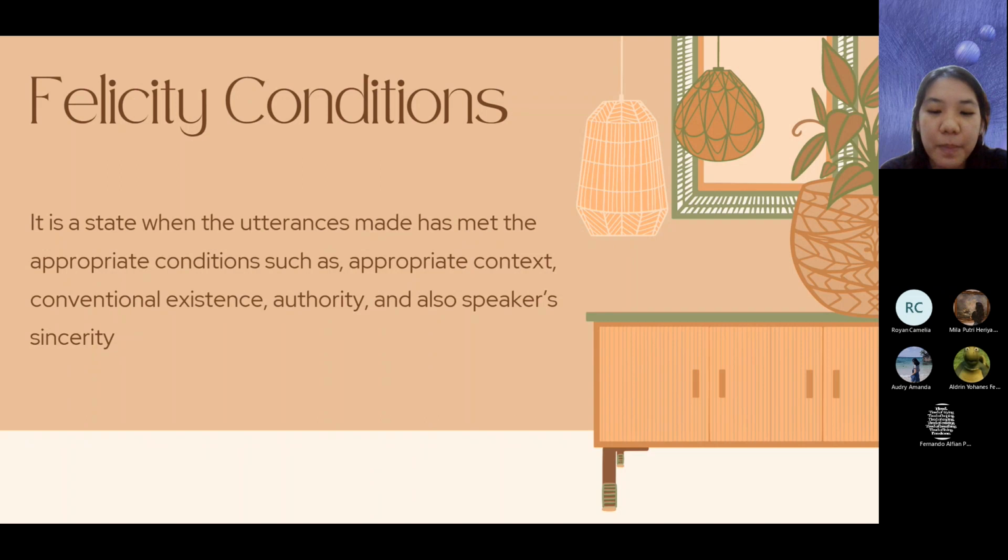For example, a doctor says to the family member of the patient that he only has 6 months left to live, and he has the right to say that because he's a doctor and of course in a hospital.